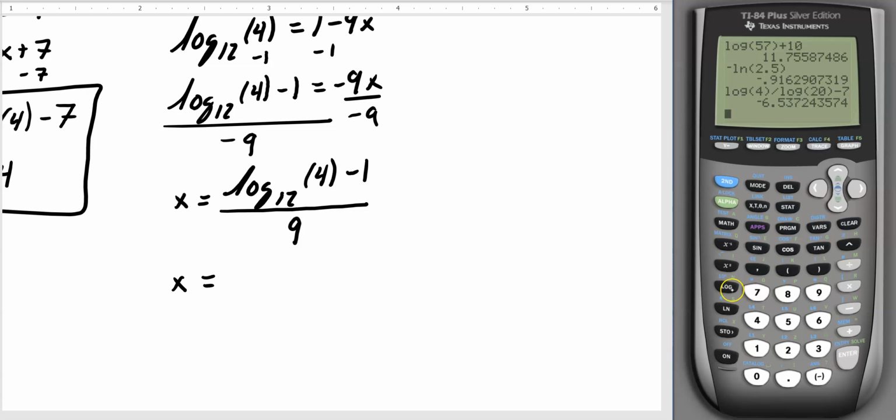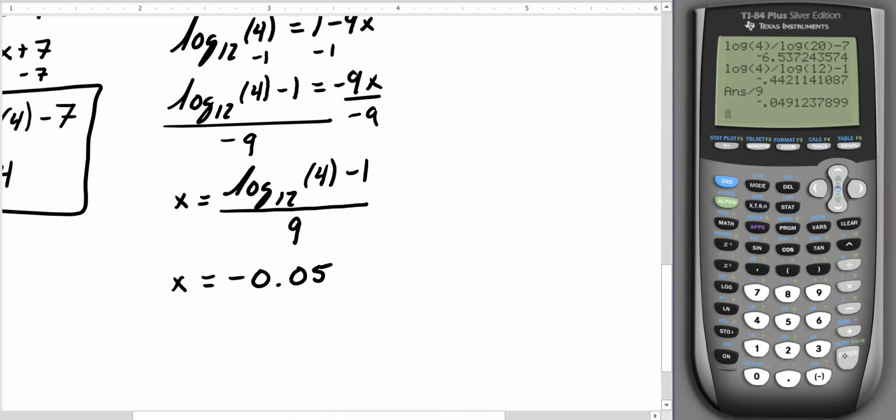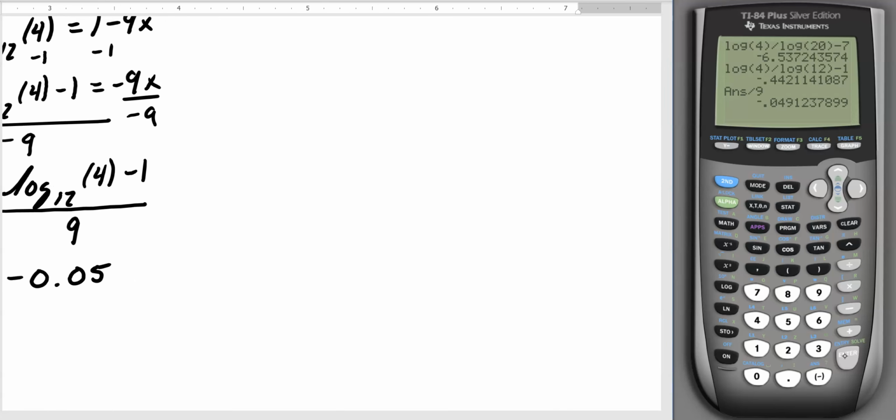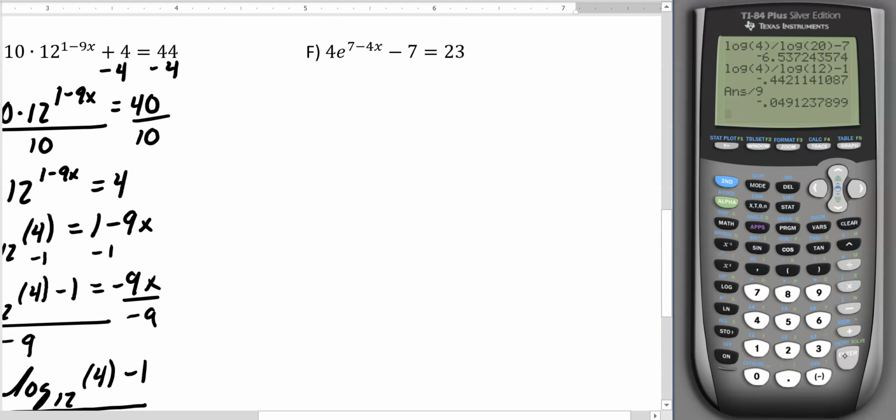So log of 4 divided by the log of 12, and then we're going to subtract 1, and then I need to divide all of that by negative 9. When I do that, I get 0.05 when I round. So x is approximately 0.05. Fantastic.